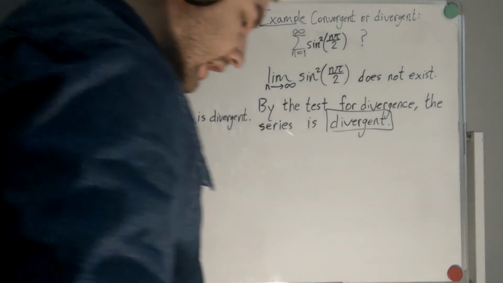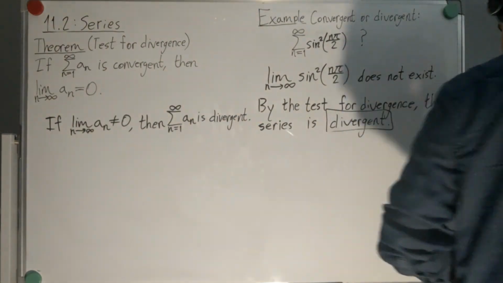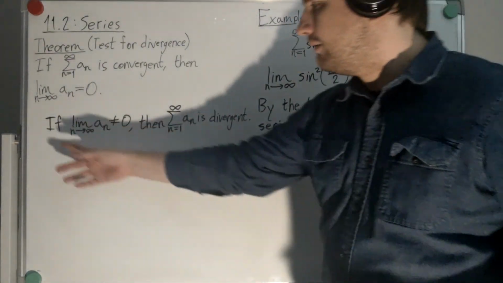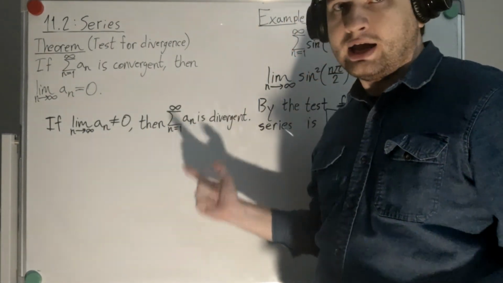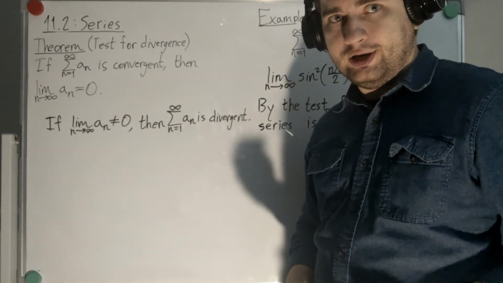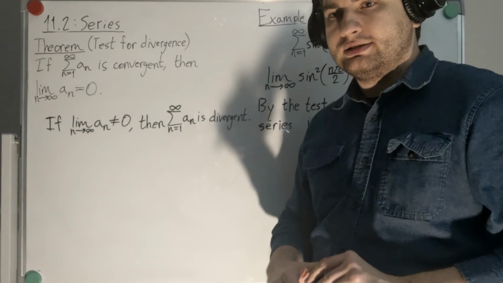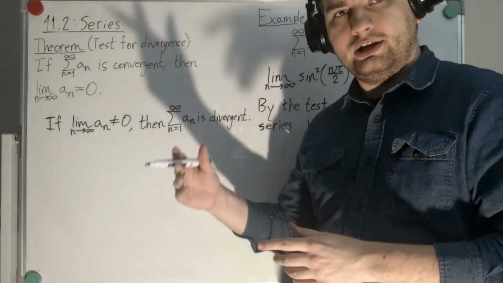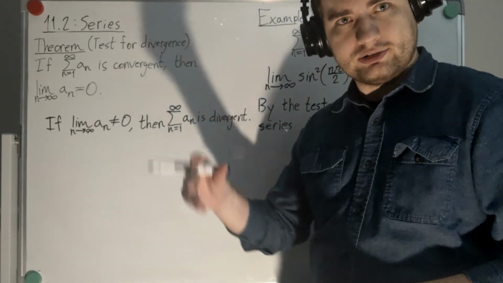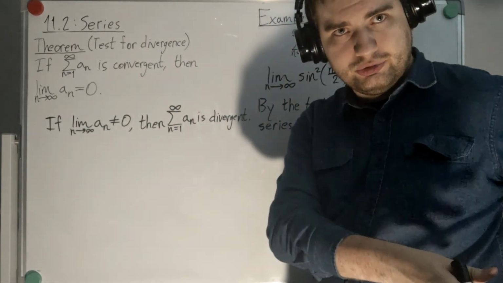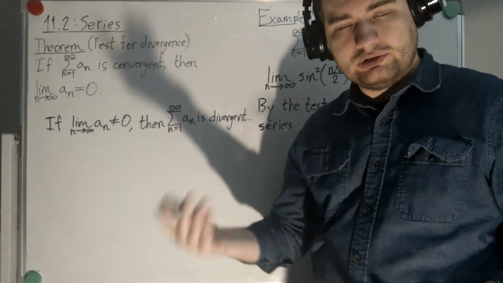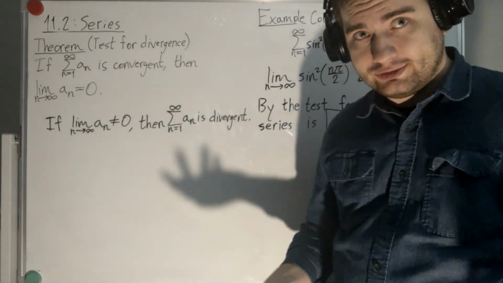Now, in math, a lot of statements take this form. They say, if you have this situation, then this thing happens. Okay? Now, for every statement that looks like if, hypothesis, then conclusion, there's an associated statement called the converse. Okay?